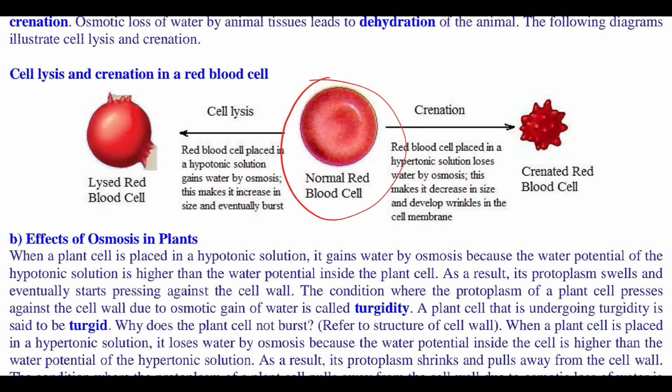This is a normal red blood cell. If it is placed in hypotonic solution, it gains water and eventually bursts. Cell lysis. If it is placed in hypertonic solution, it loses water. The process is called what? Crenation.